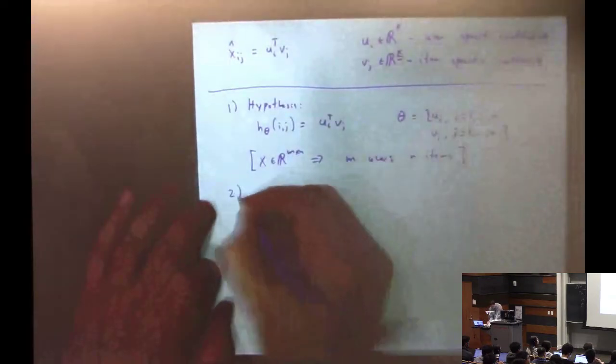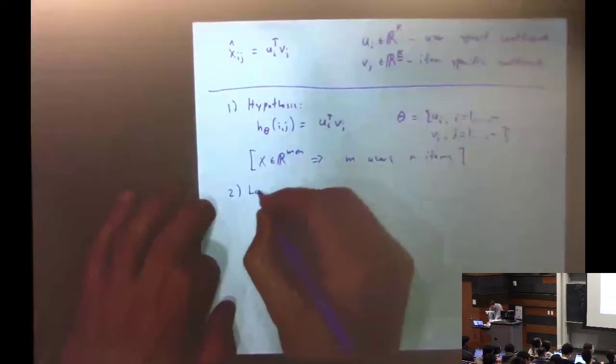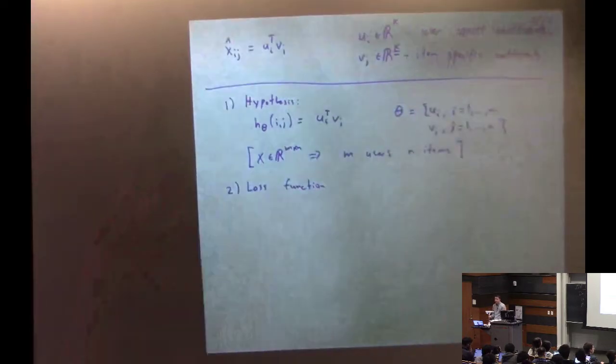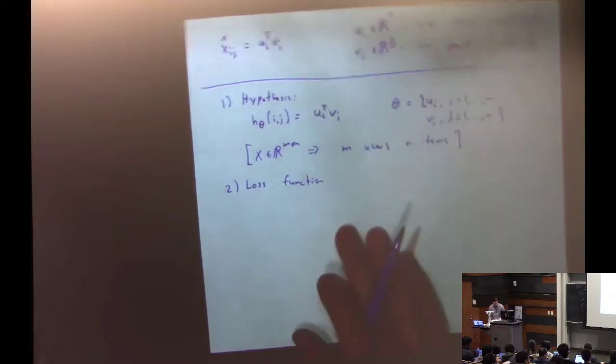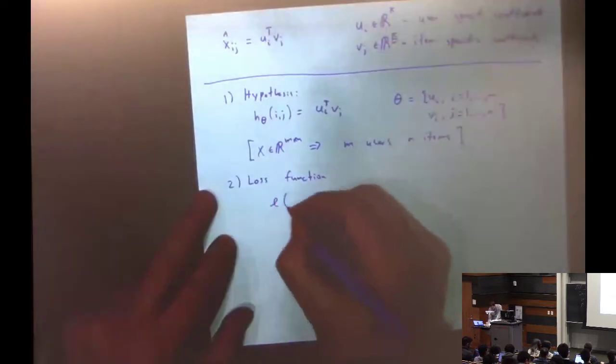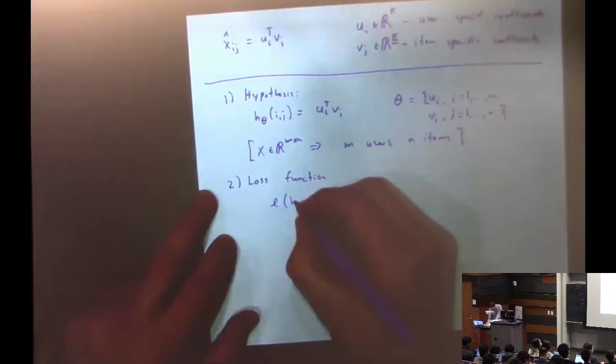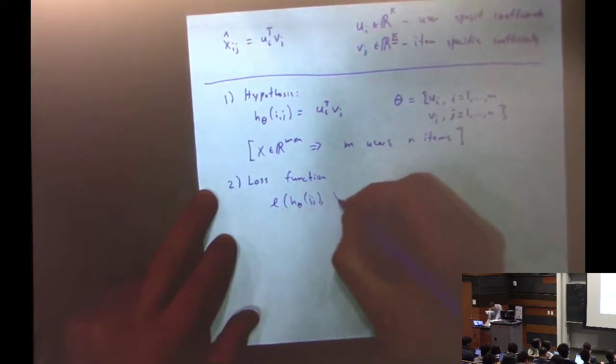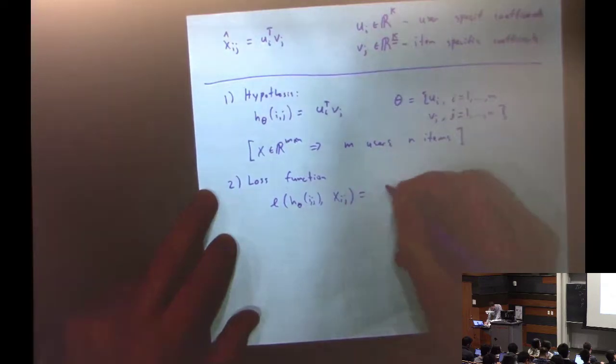Okay, the second thing that we're going to have is a loss function. And here, we're just going to use the squared loss. But importantly, we're going to use the squared loss only over those entries we actually observe. So our loss is going to be h theta ij, and the actual value here, their difference.